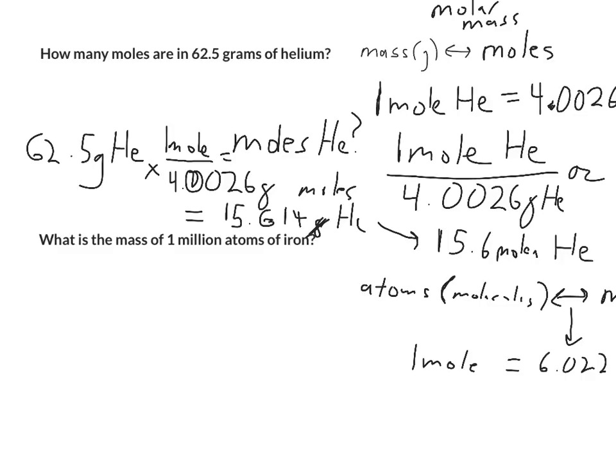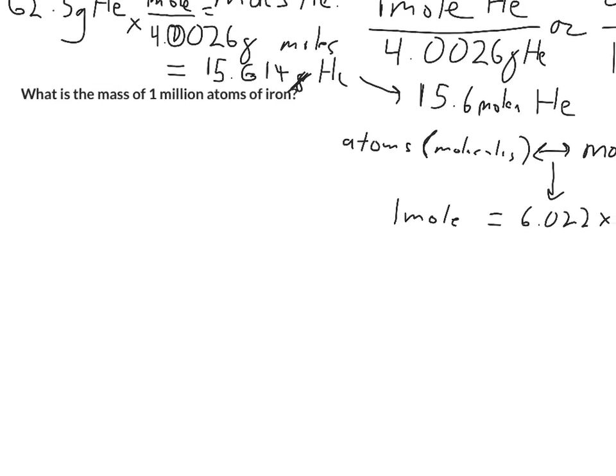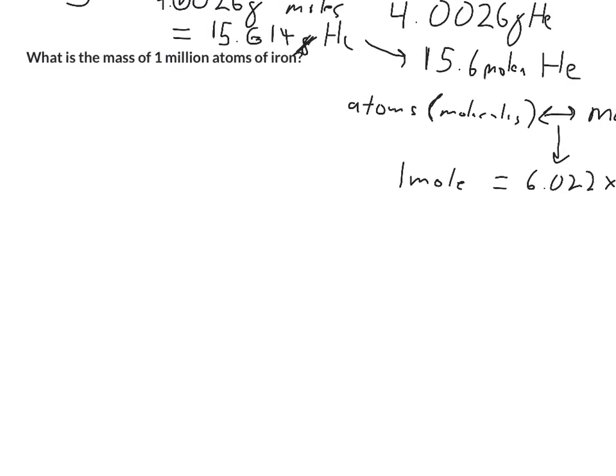So the question is asking for a mass. That means we write that down as our target: a mass of iron, in grams.